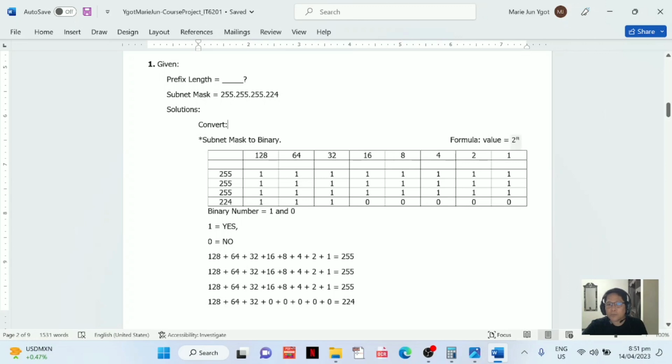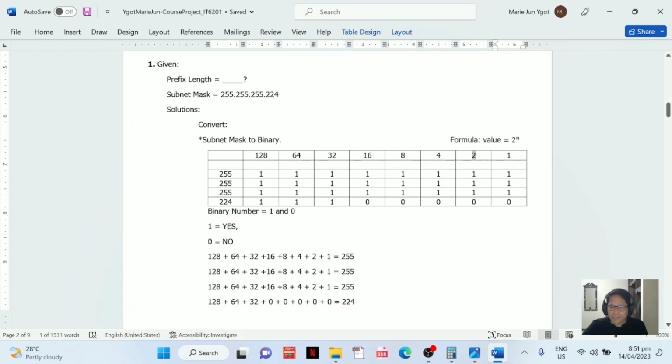So 2 to the power of 0 is equal to 1. Why? Because any number raised to the power of 0, the answer is 1. So that's why we have 1 here.